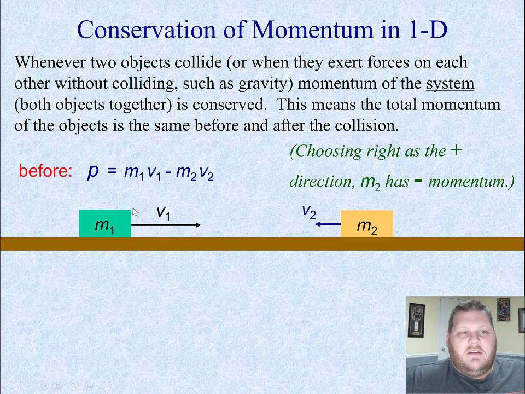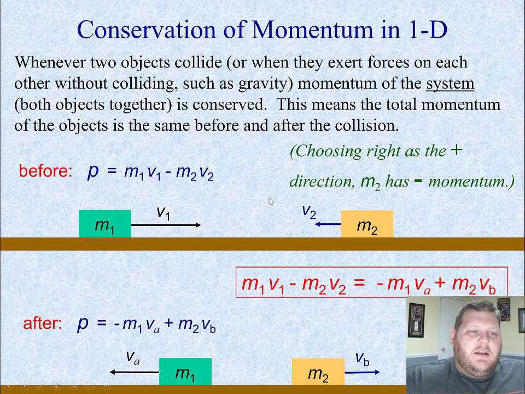Here we're considering positive as moving to the right, and negative as moving to the left, which is why there's a subtraction in the middle: this velocity is going to the right, and this velocity is a leftward one, so it has to be a negative velocity, therefore a negative momentum. Again, it doesn't matter which one you call which. You just designate a direction and then make sure those match. If they're going the same direction, they could both be positive. If they're going in opposite directions, one has to be positive and one has to be negative.